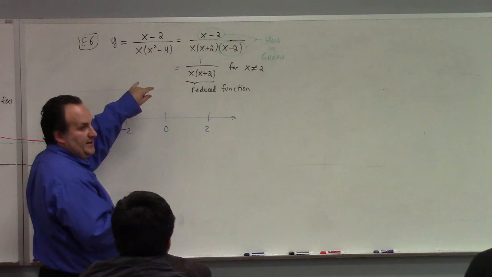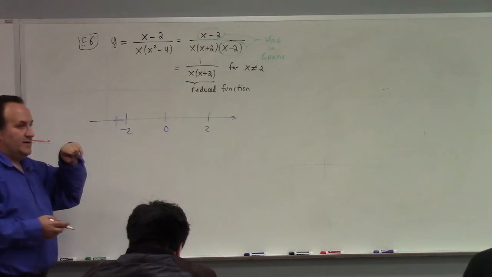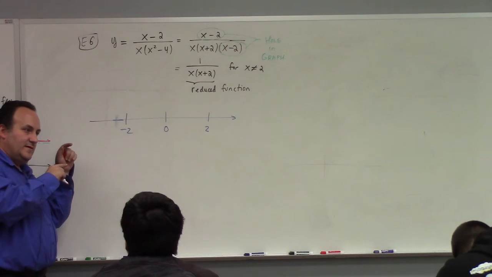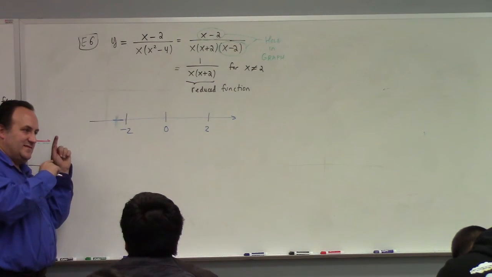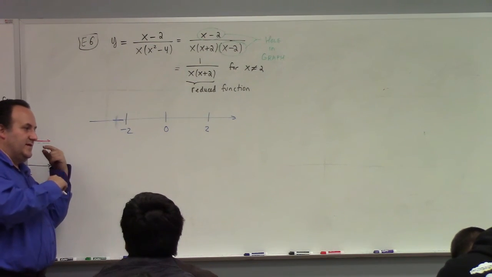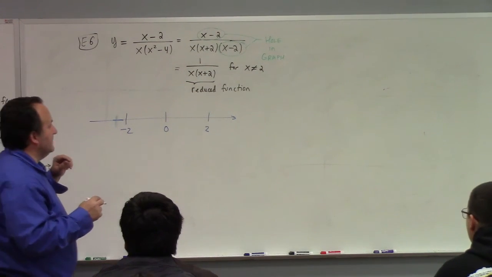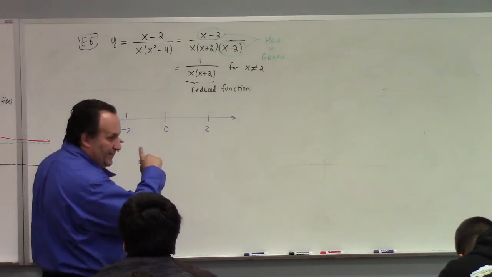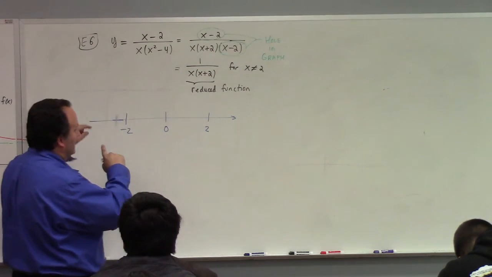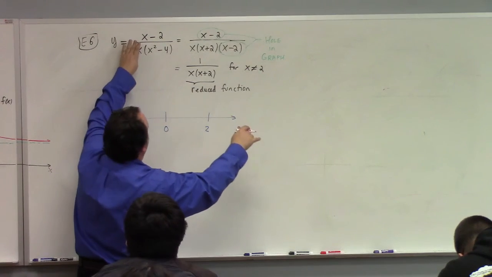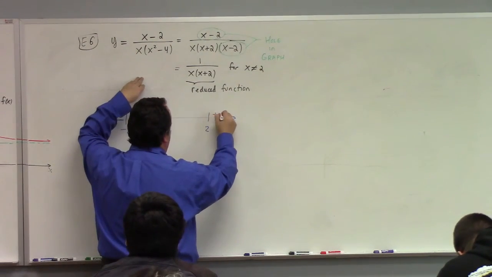Let's look at the original, because we've got to be careful. It could end up being that we cross 0 at the hole, and then if it actually crossed, we could get confused, so it's best to use the original one. We will come back to use the reduced function in just a second, though. So we put in like 3, plus, plus, plus, right? So we start out pluses.